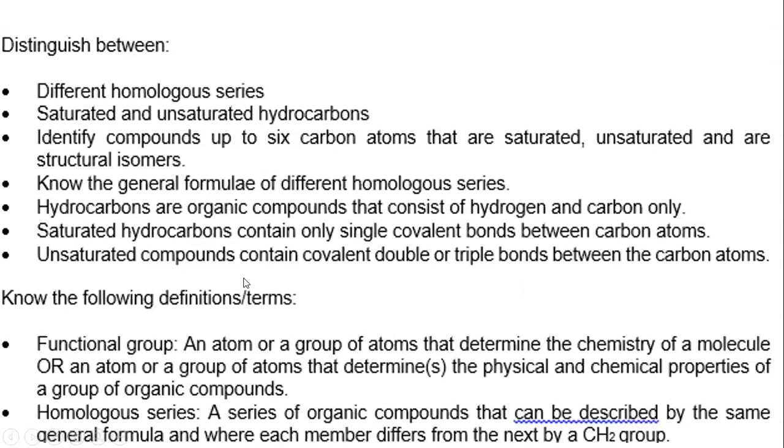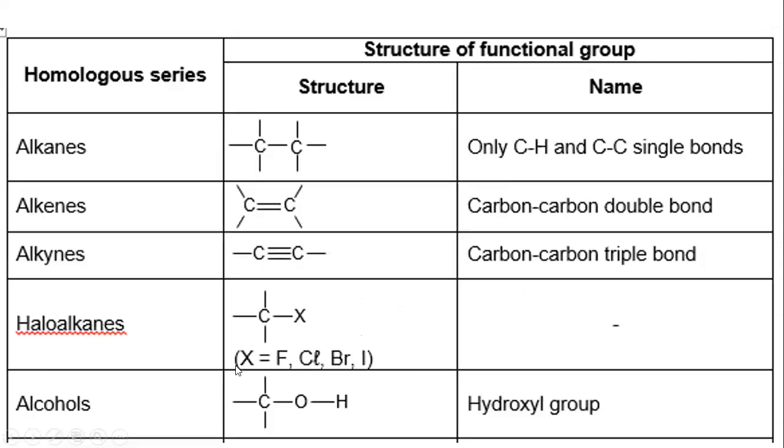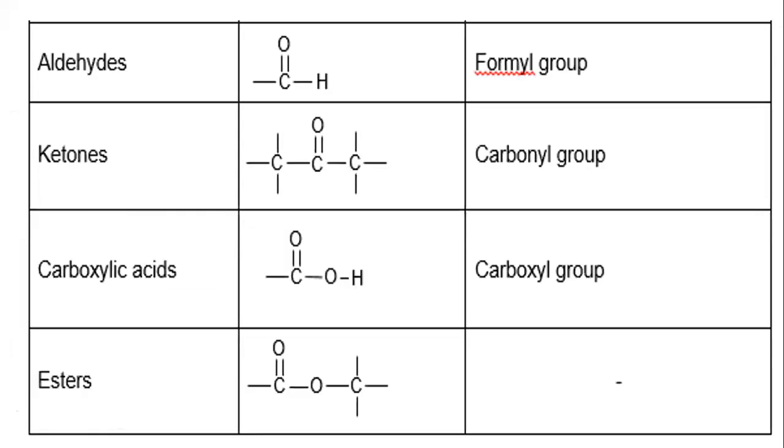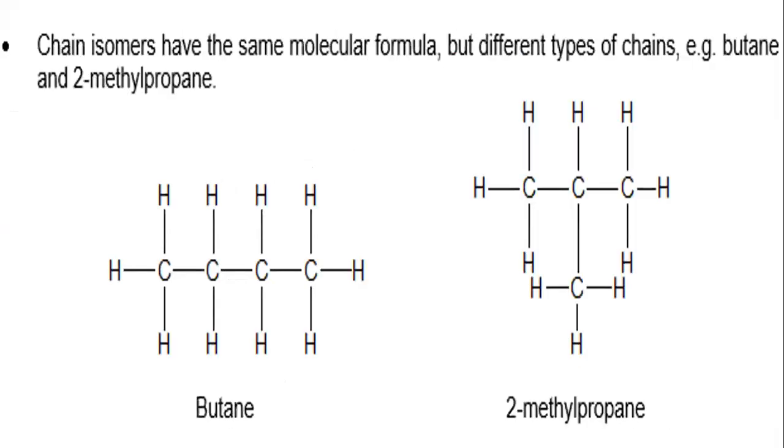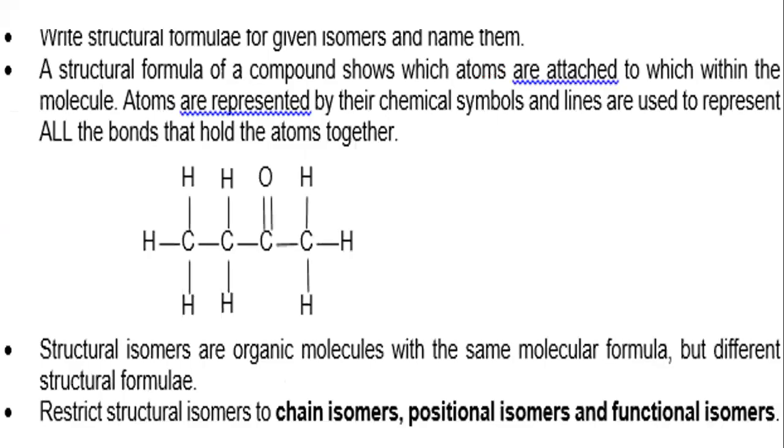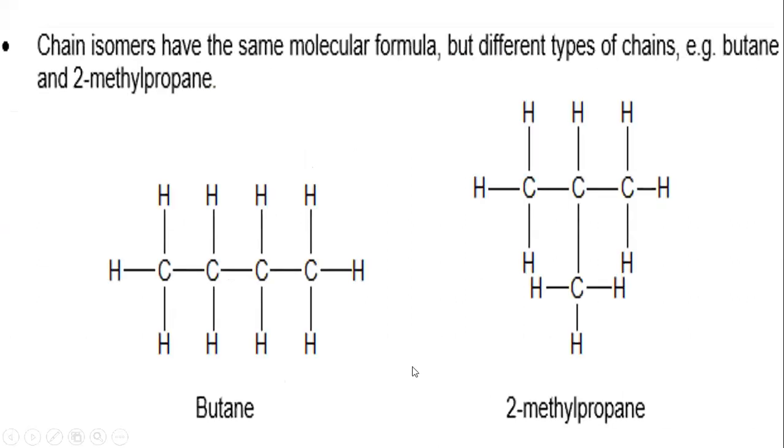Then, we must be able to give a couple of definitions there, and we must be able to draw functional groups and give names of functional groups. We must be able to work with isomers, give different types of isomers. And we've already done that, where we talked about the chain isomers, the positional isomers, as well as the functional isomers.